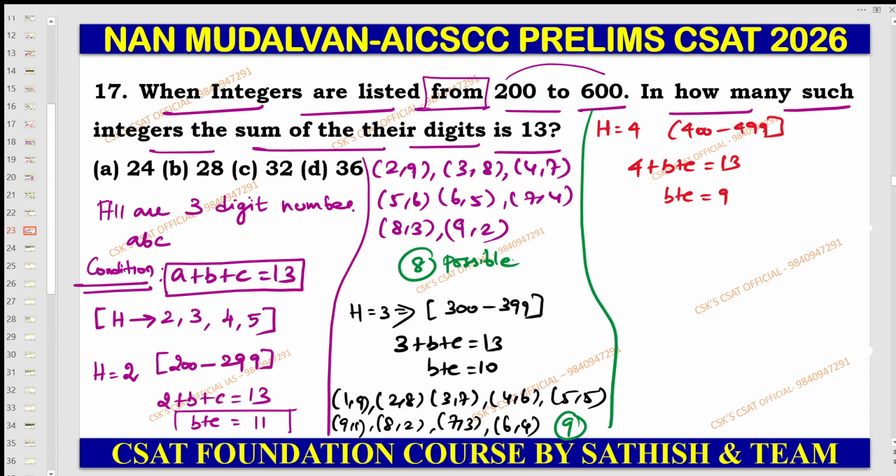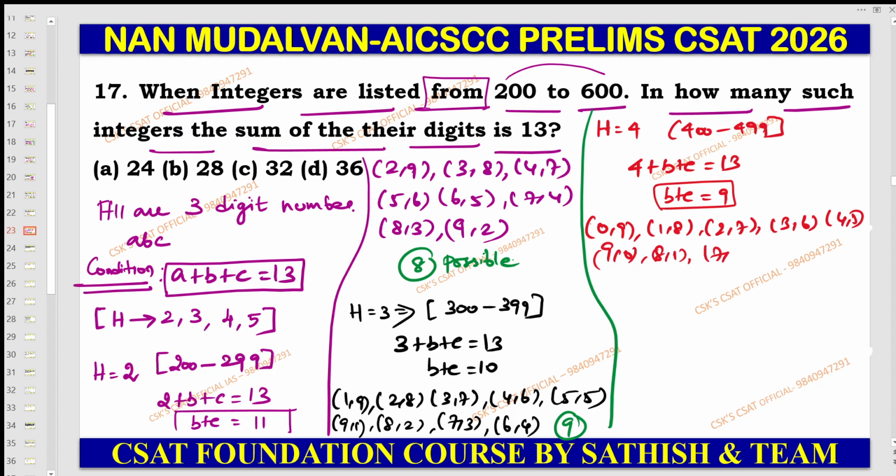B plus c must be 9. What are all possible? 0 comma 9, 1 comma 8, 2 comma 7, 3 comma 6, 4 comma 5, 9 comma 0, 8 comma 1, 7 comma 2, 6 comma 3, 5 comma 4. Here 10 such possibles. Alright.